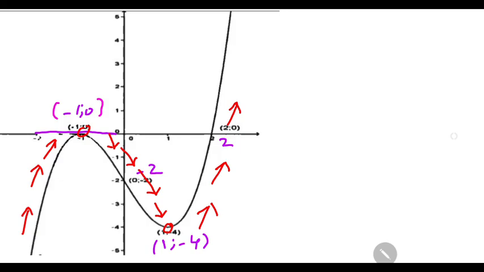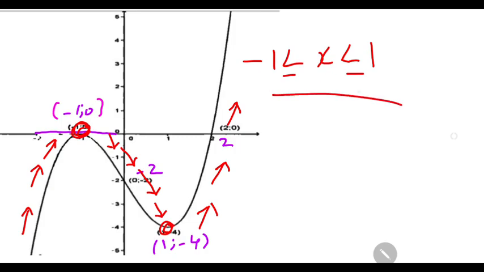So looking at where the graph is decreasing, the graph is decreasing between these two turning points. So my answer will be between negative 1 and positive 1. And obviously negative 1 and positive 1 are included. Whenever they ask you if f is increasing or decreasing, both x values of the turning points are included. So this is my final answer.